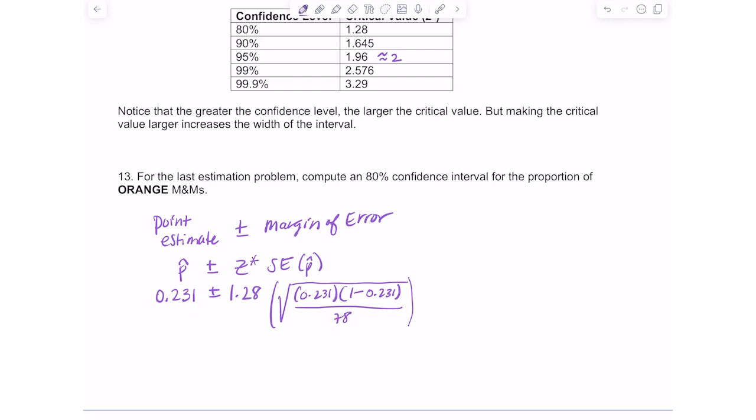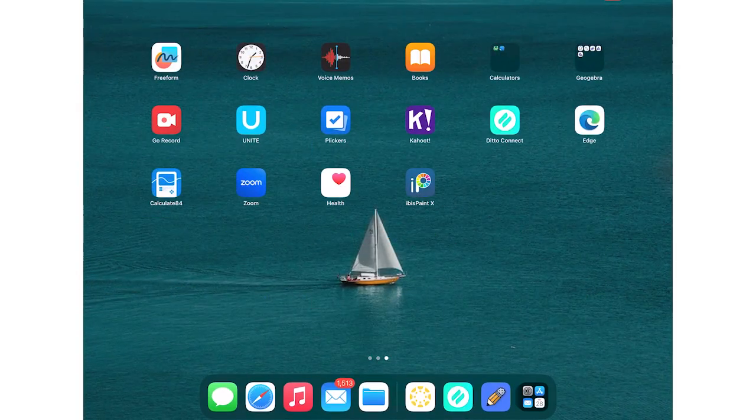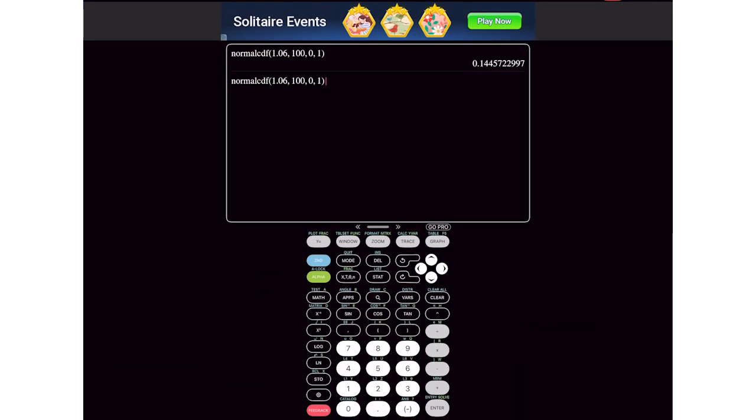Okay, so now I need to calculate this. So I want to find the margin of error here. And to do that, we're going to go to the graphing calculator or any calculator. And let's type in 1.28, which is my critical value, and then times, now I have the square root, so I have to hit second x squared, okay?